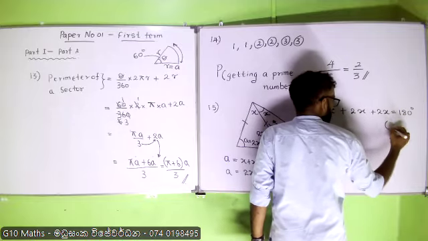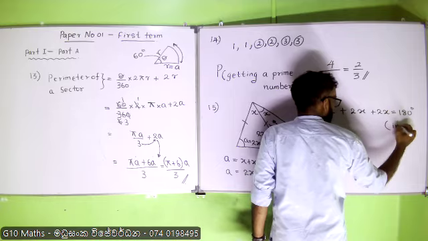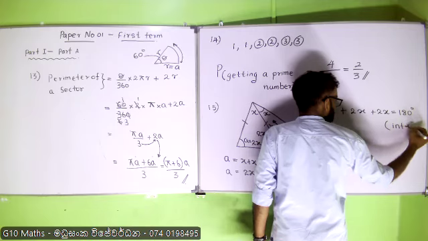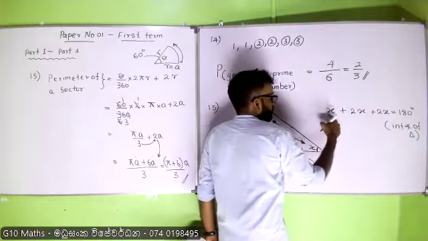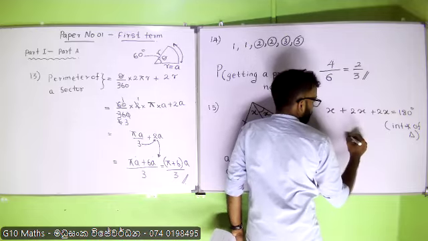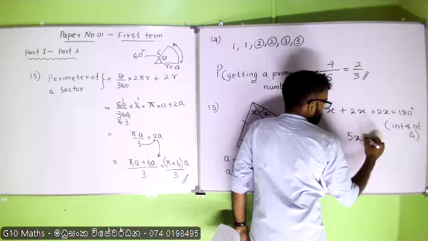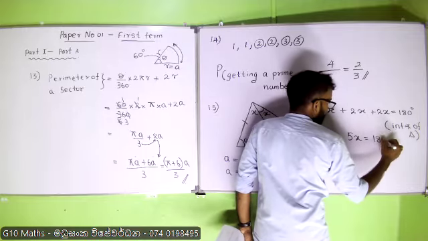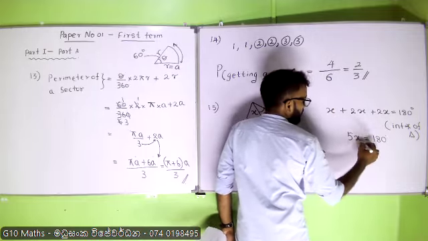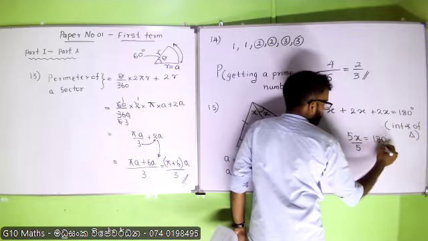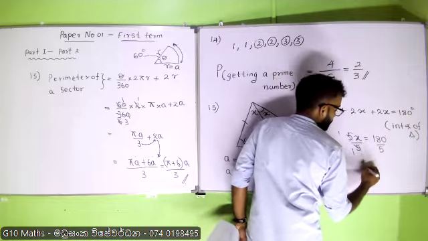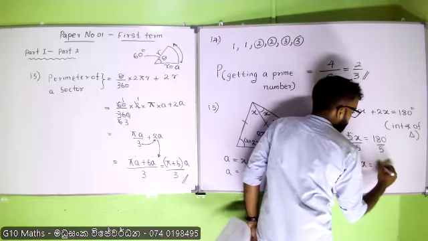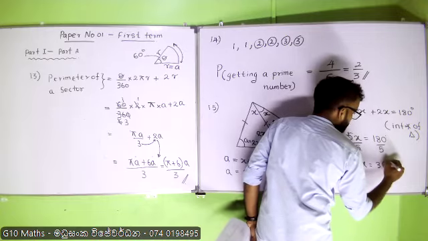Reason: sum of the interior angles of a triangle. You need to know that. You need to remember that. x plus 2x plus 2x, 5x equals 180. Divide both sides by 5. Then you can find the value of x. x is equal to 36 degrees.